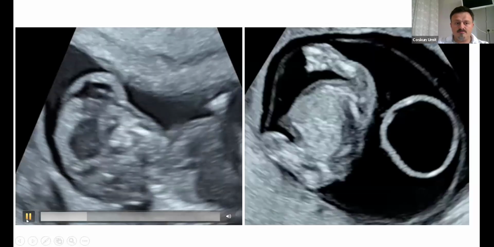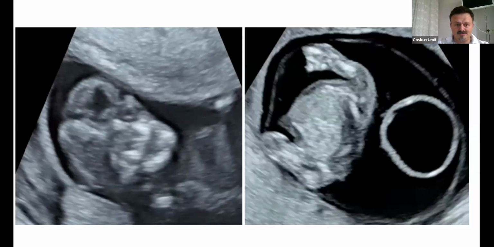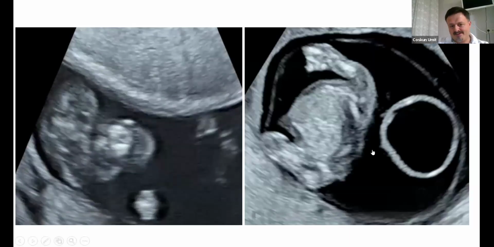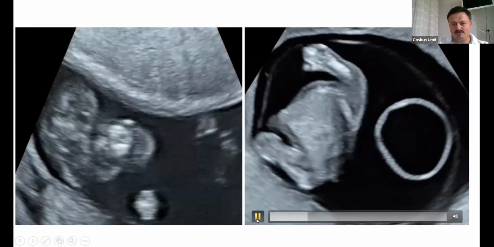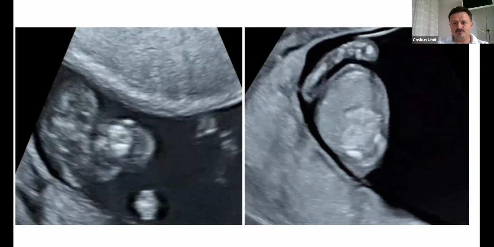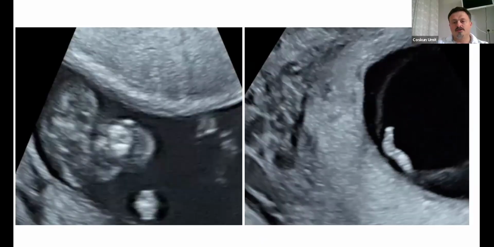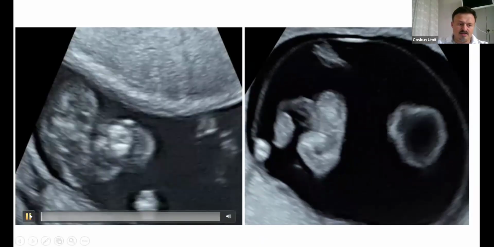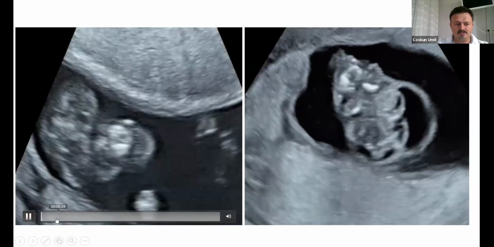I don't write the names of these anomalies because I want you to think and I want to discuss these anomalies. Of course, this is an easy one. As you can see, you cannot see the calvarium, the cranium. So this is an acrania, exencephaly, and anencephaly sequence.